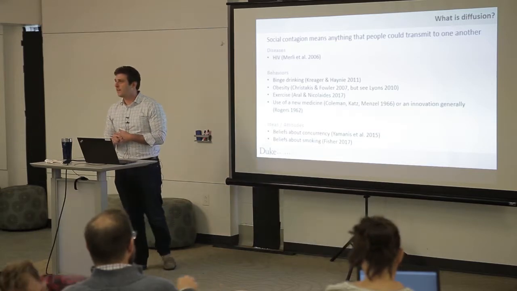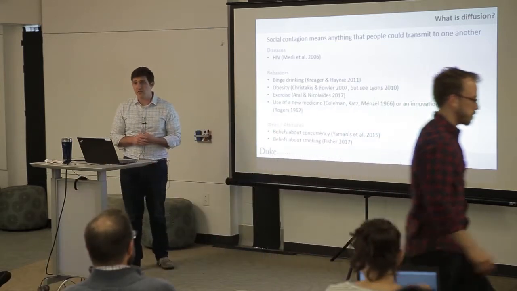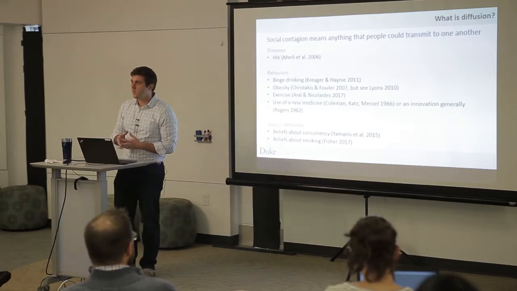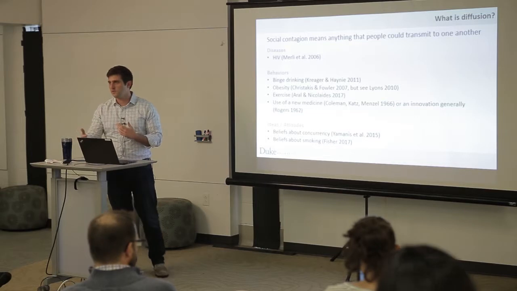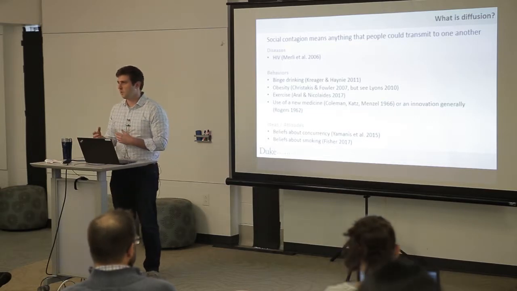Christakis and Fowler put together an article using the Framingham Heart Study, where they tried to show that obesity could spread through social networks. So people who are connected to each other were more likely to be obese. There's been a long string of debates about whether that could happen, partly because it's not entirely obvious what the mechanism was.